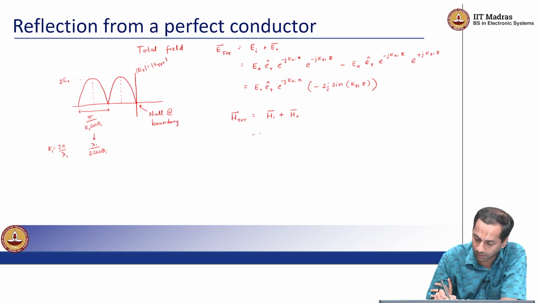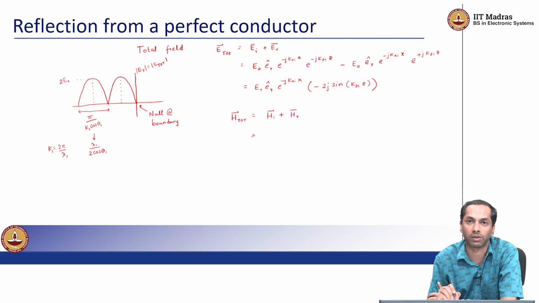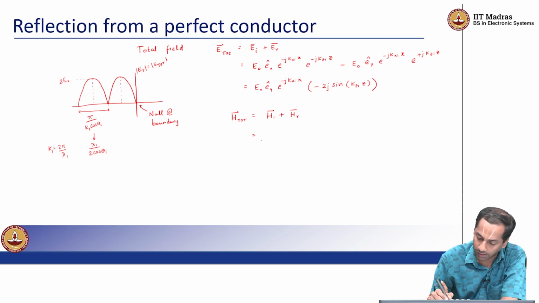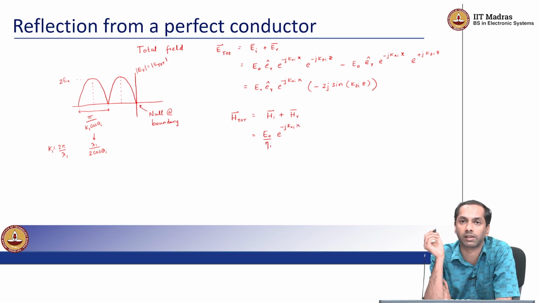Okay. So you can always look back. I am just writing it down from my notes. You can go back to your notes or the previous slide and you should get this kind of an expression. Again, this is after making use of the relations that kxi is equal to kxr, right, and kzi is equal to kzr.